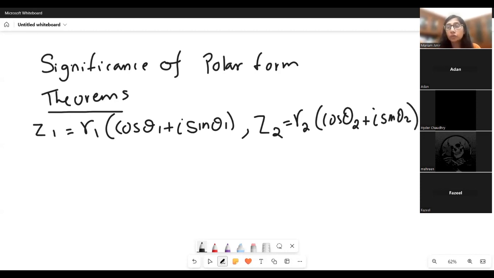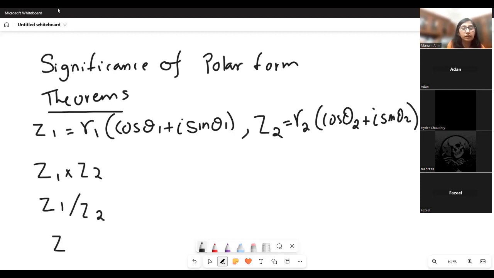So if you have two complex numbers in polar form, you can conveniently multiply them. You can conveniently divide them. And you can conveniently give any particular power to the complex number.